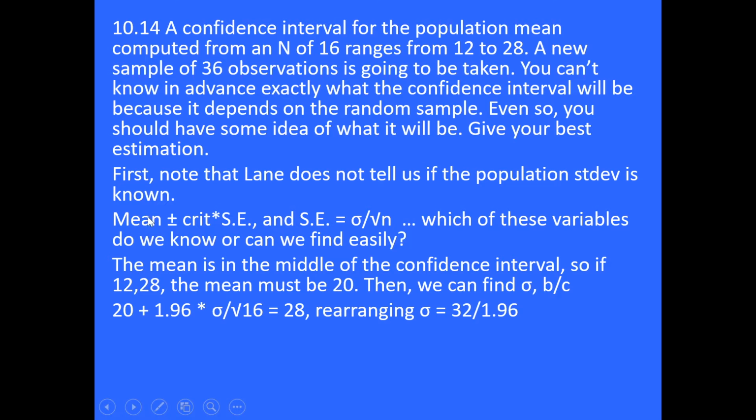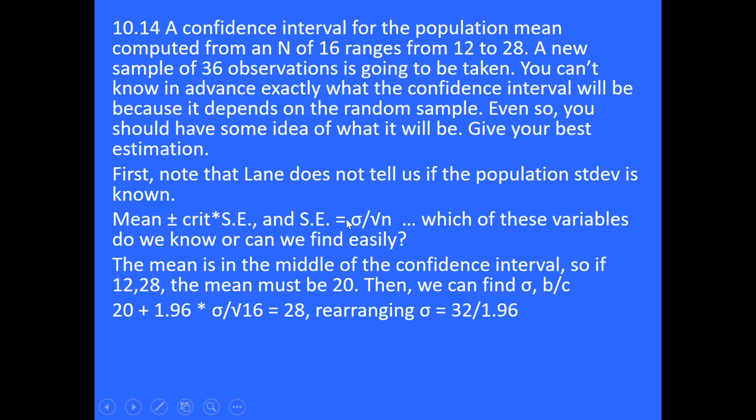The mean doesn't change because it's the same population. So that's 20. Critical value, that doesn't change. That's 1.96. How about the standard error? Well, now we know what the population standard deviation is. We found that here, and we know what n is because that's what is given in the question.